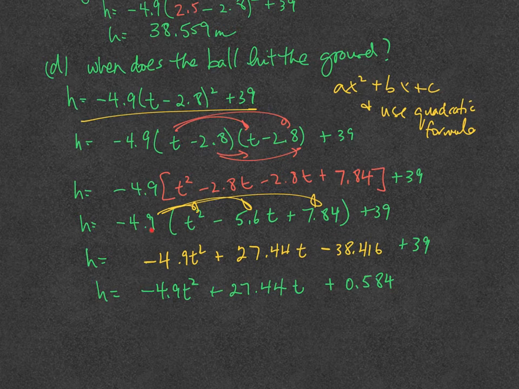Then I use the yellow arrows to distribute the negative 4.9 through this bracket, but not including the plus 39 because that's on the outside. And then the yellow print is to show you what's happened with the yellow arrows. So finally I get in standard form this equation. Now to find the zeros, I can use the quadratic formula.